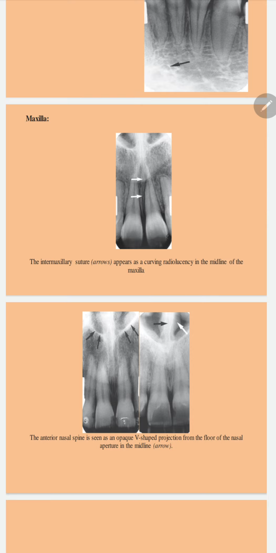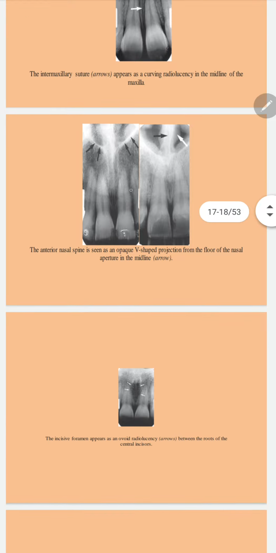The maxilla. The important structure in the maxilla is the intermaxillary suture. It appears as a curving radiolucency in the midline of the maxilla. The anterior nasal spine is seen as an opaque V-shaped projection from the floor of the nasal aperture in the midline.